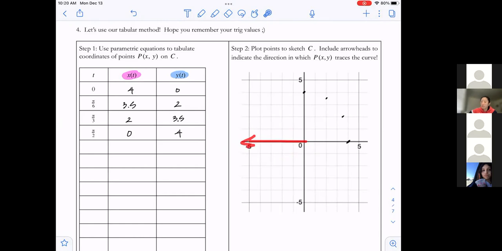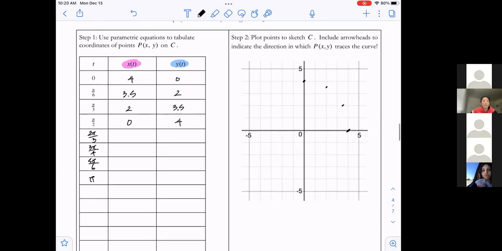You're absolutely correct. Right? Why pi? How would someone know to do that?